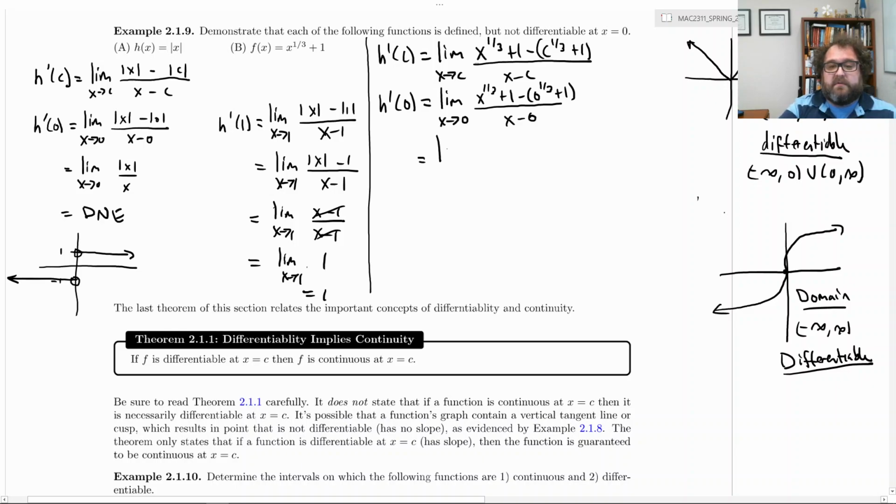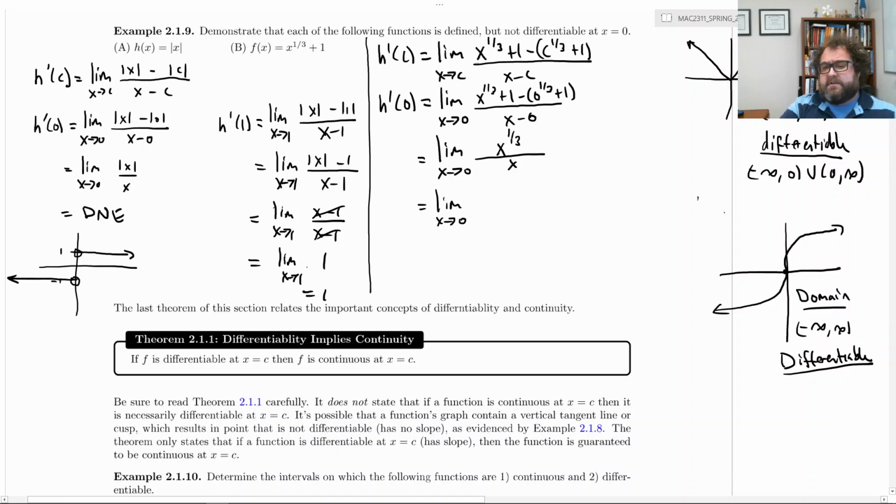This is going to simplify a little bit. We have 0 to the 1/3, that's 0, obviously. We have plus 1 minus 1, so we get x to the 1/3 over x.